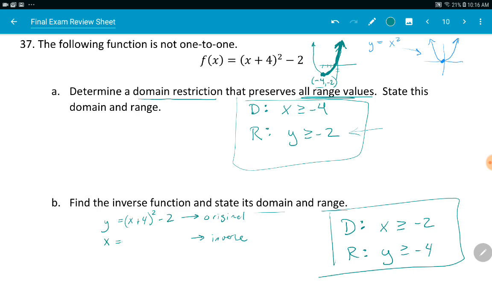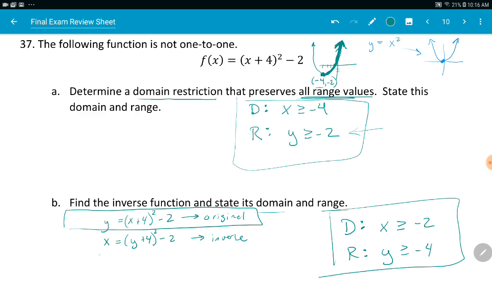So I have x equals (y plus 4) squared minus 2. I kind of like to draw a line on these to separate the original function, because the x's and y's are different values now and next to each other, that confuses me. So I'm going to separate that original, and then my inverse has the x's and y's flipped, and I'm going to solve for y.